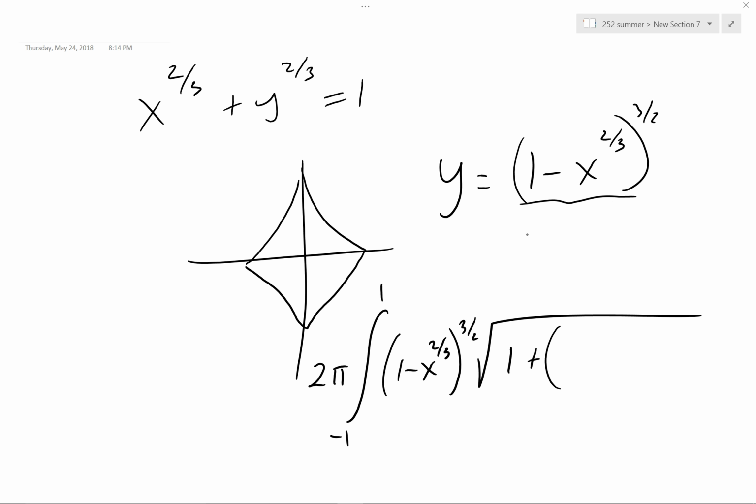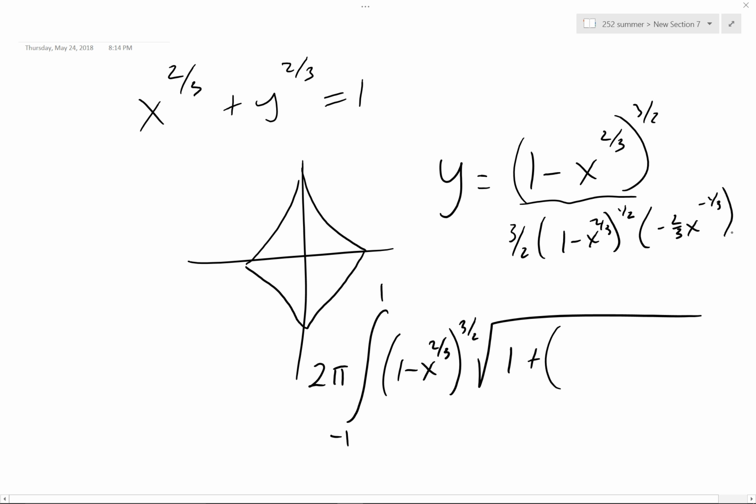Now what is the derivative of that? Well, it's going to be 3/2, (1 minus x to the 2/3) to the 1/2, times -2/3 x to the -1/3. Oh, that's gross. Is that right?